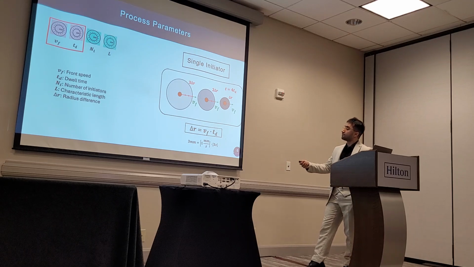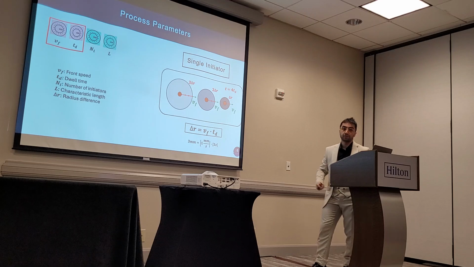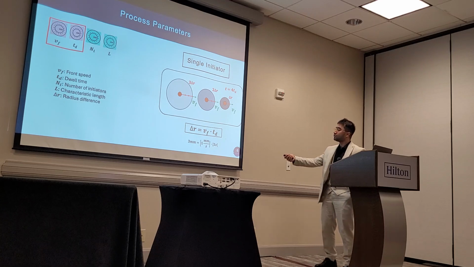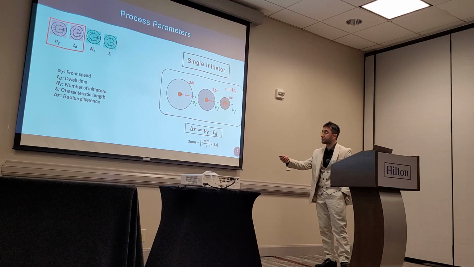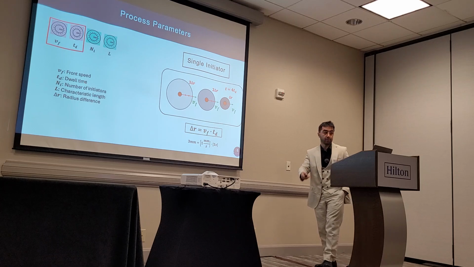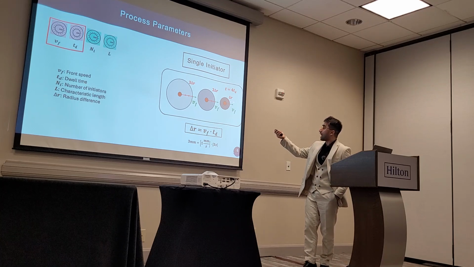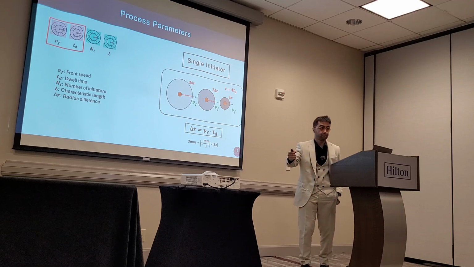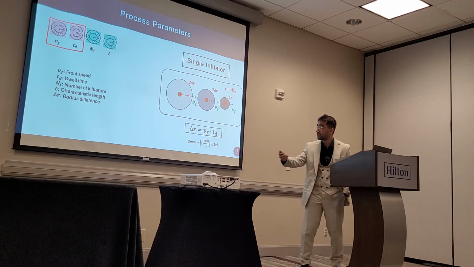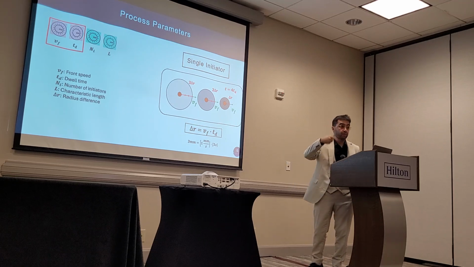Considering this, we can come up with a new parameter, radius difference, which is defined as the multiplication of the front speed and the dwell time in our process parameters. What this means is that you will have a delta R increase in the radius of your circle if you wait TD amount of time.